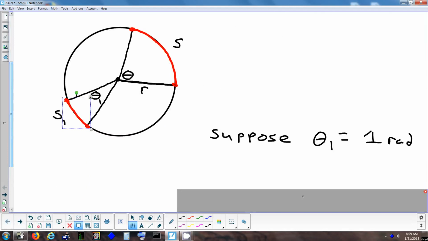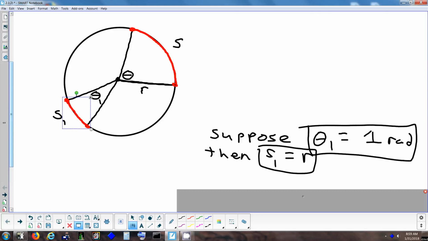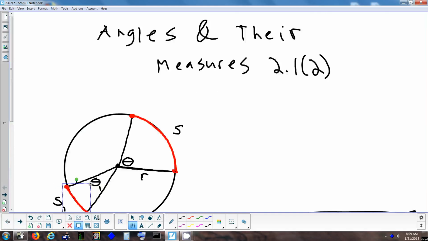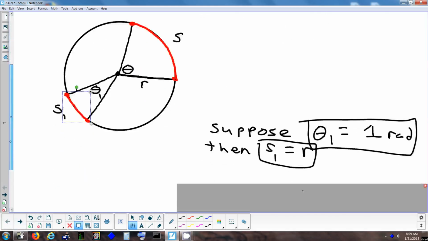If the angle is 1 radian, then the arc is equal to r. So we're going to use these two facts to help us build a formula. Those two facts are going to be the left-hand side of my formula. The right-hand side is whatever they give you in the problem. That's what you have to figure out. But the left-hand side is the stuff you start with.